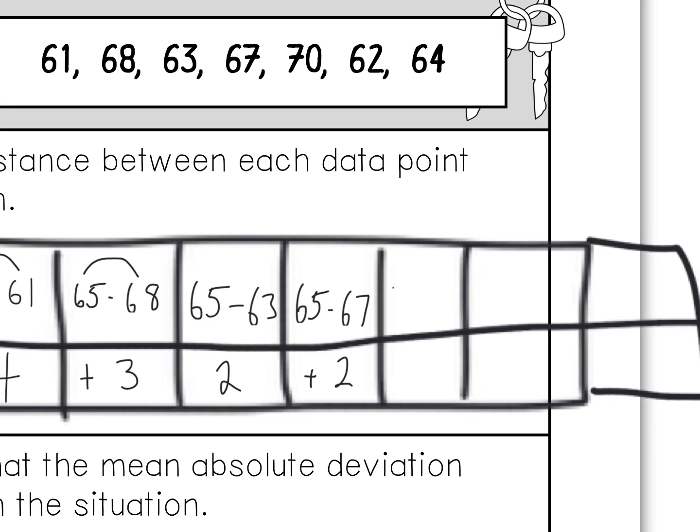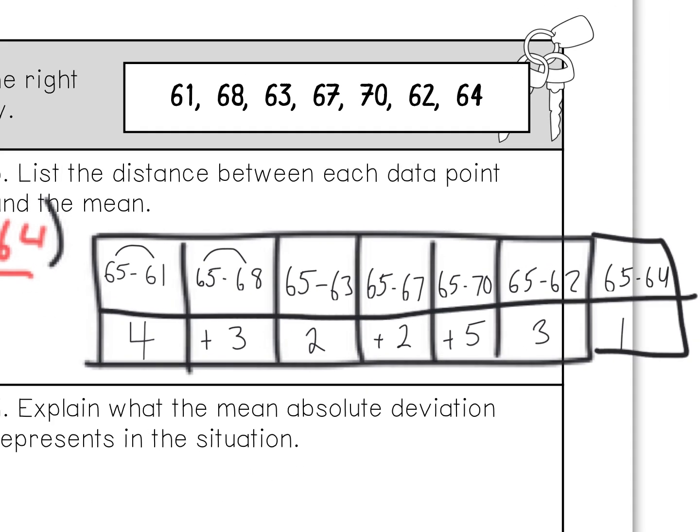Next one is 70, so 65 minus 70 is -5, but it's a distance, so positive. And then the last two, 65 minus 62, 3, 65 minus 64 is 1.